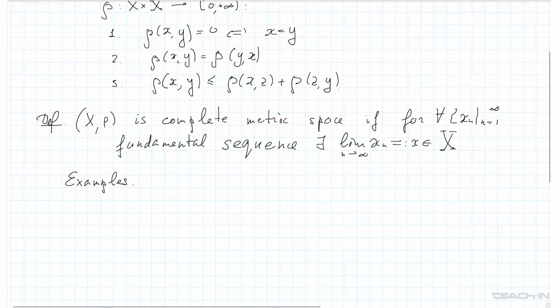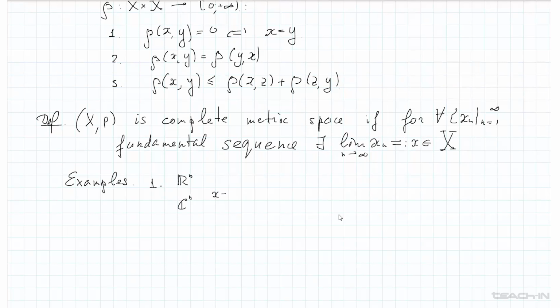Anybody can? The usual Euclidean space with the standard square root of sum of squares metric. Okay. Real space Rn and complex space Cn. Yes.